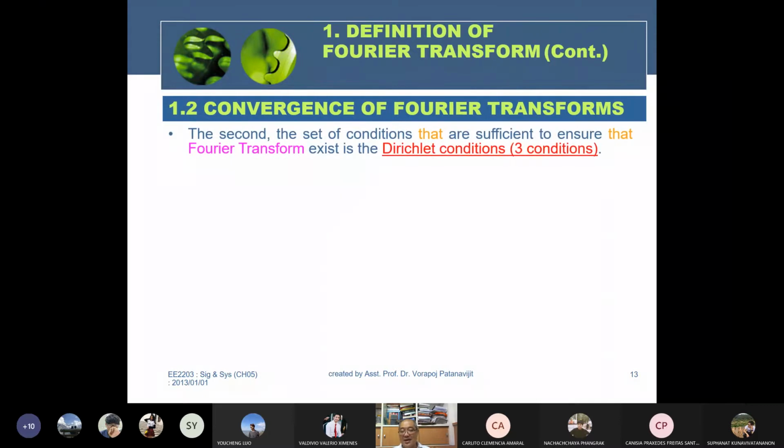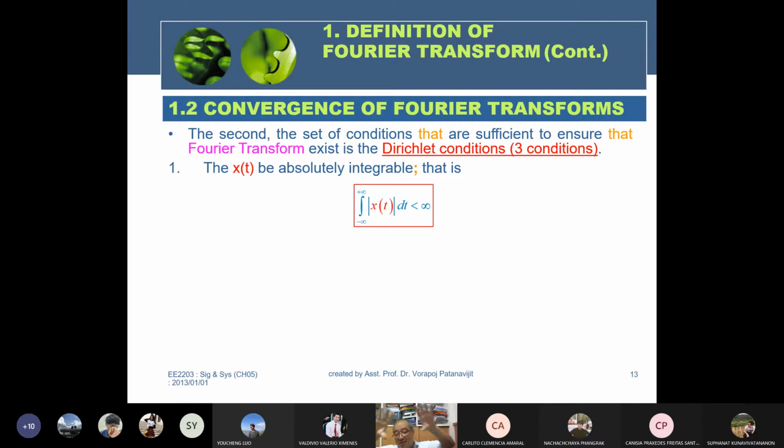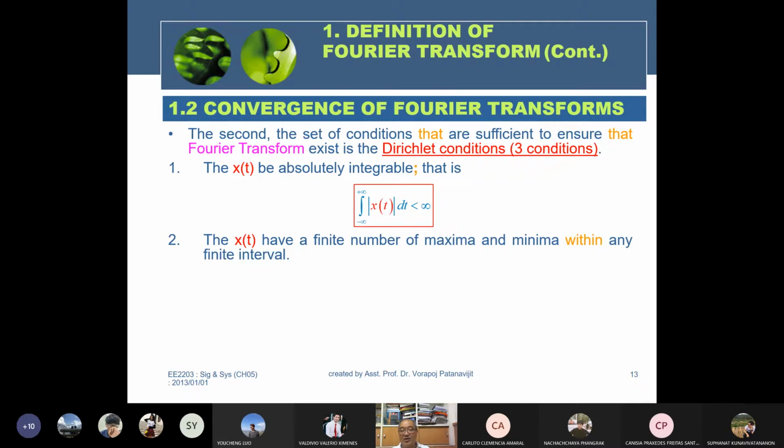The second set of conditions that are sufficient to ensure that the Fourier transform exists is the Dirichlet conditions. The first one says that x(t) must be absolutely integrable: you take the absolute value and integrate the signal over the whole range, from minus infinity to infinity. It means the area under the curve is finite. If it's finite, the first Dirichlet condition is satisfied.